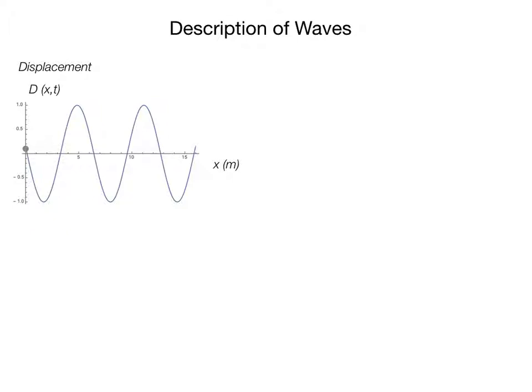So the description of all those particles and how they move is given by the displacement, which is a function of the position x of each particle, how far it is from the origin of the wave, and the time.